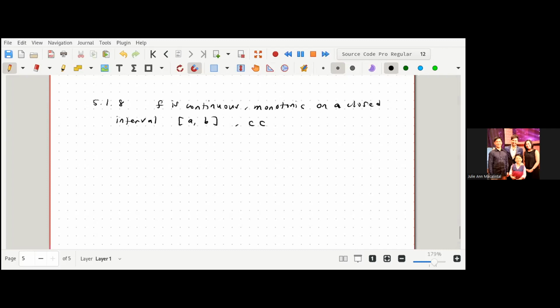Tapos, c is an element of, so it's inside this interval.